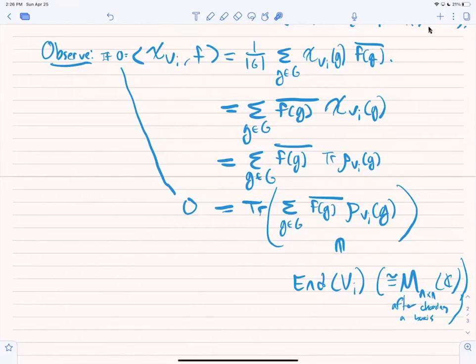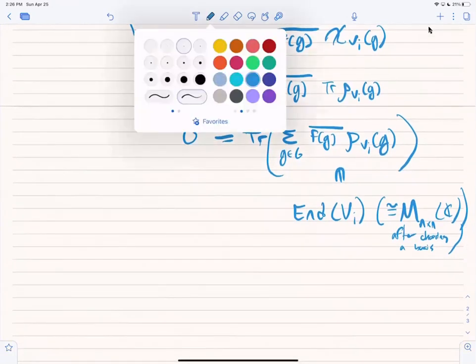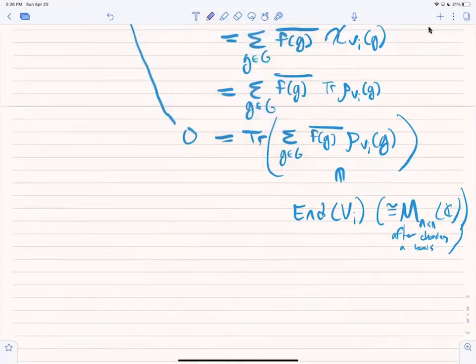The first thing I'm going to do is show that not only is the trace of this endomorphism 0, but in fact this endomorphism is 0 itself. So let me change colors. Claim.